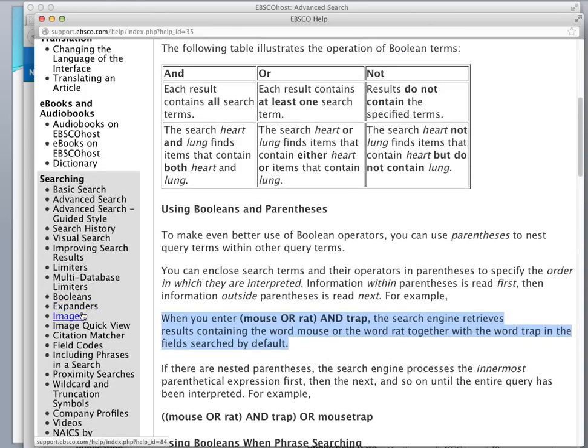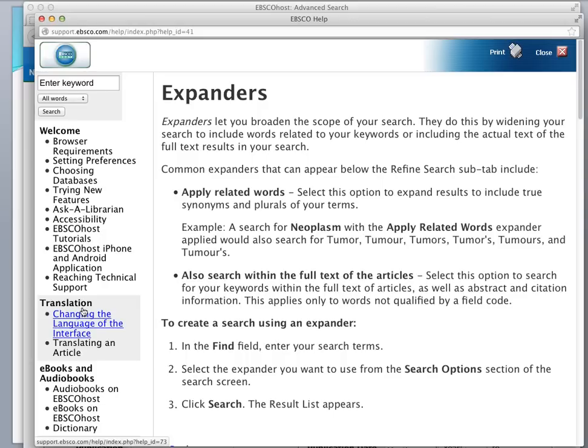Oh, expanders. This is also very important. Expanders let you broaden the scope of your search. They do this by widening your search recall to include words related to your keyword or including the actual text of the full text results in your search.